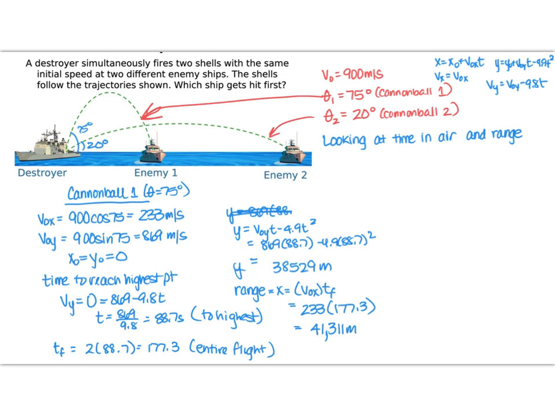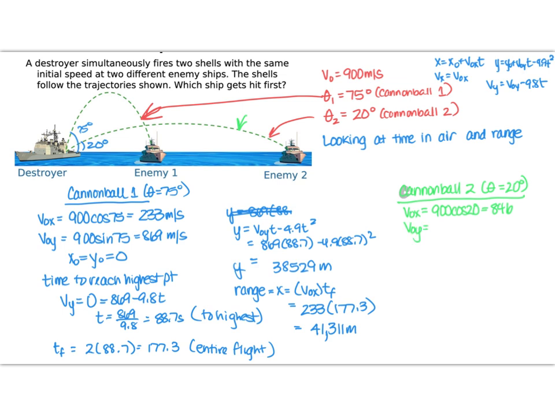Now I'm going to do Cannonball number 2. I'm going to try to squeeze it in next to it just so we can compare it easier. That's the angle that's 20 degrees. So for Cannonball number 2, that's this guy right here. V naught x is equal to 900 times the cosine of 20, and that is 846.